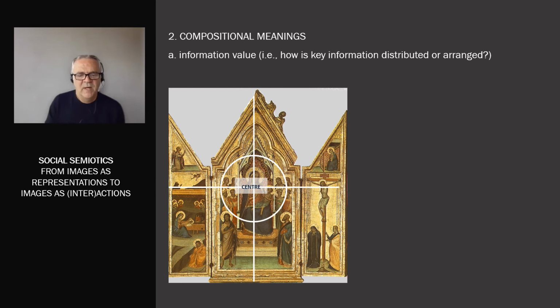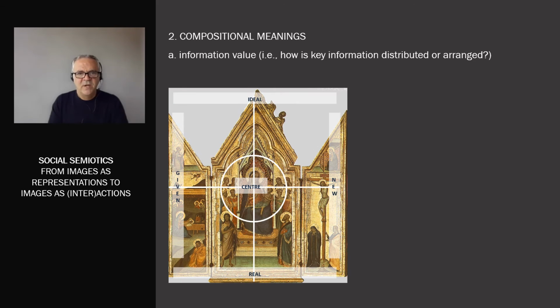So, for example, following the design of the religious icon like this one here, information in the center or in the middle is often where the image makers want us to focus. This is often where the most important information is located. And in images where there are plenty of different features, we also have this tendency, say Kress and van Leeuwen, to see images according to a sort of top, bottom, and left-right arrangement.